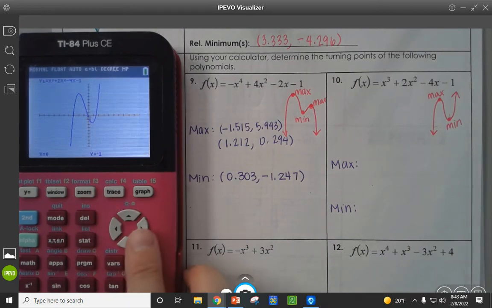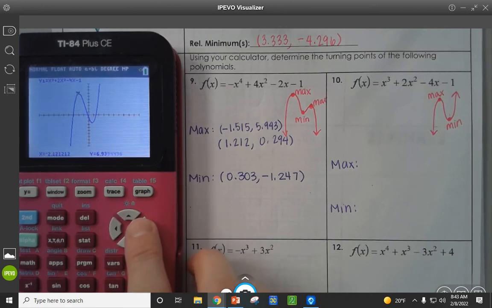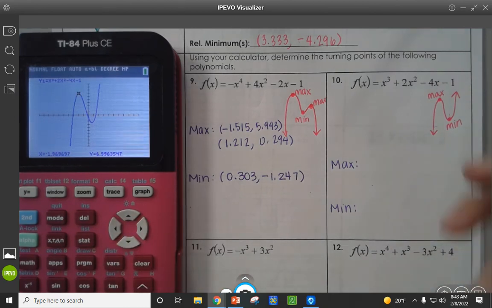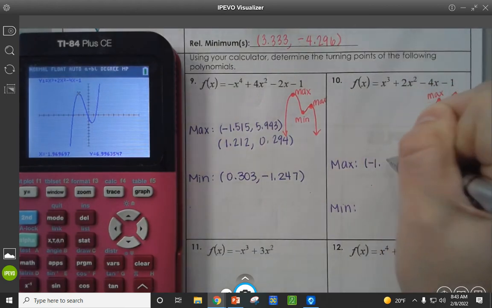So at the trace button, go up here to this max. We have negative 1.9.